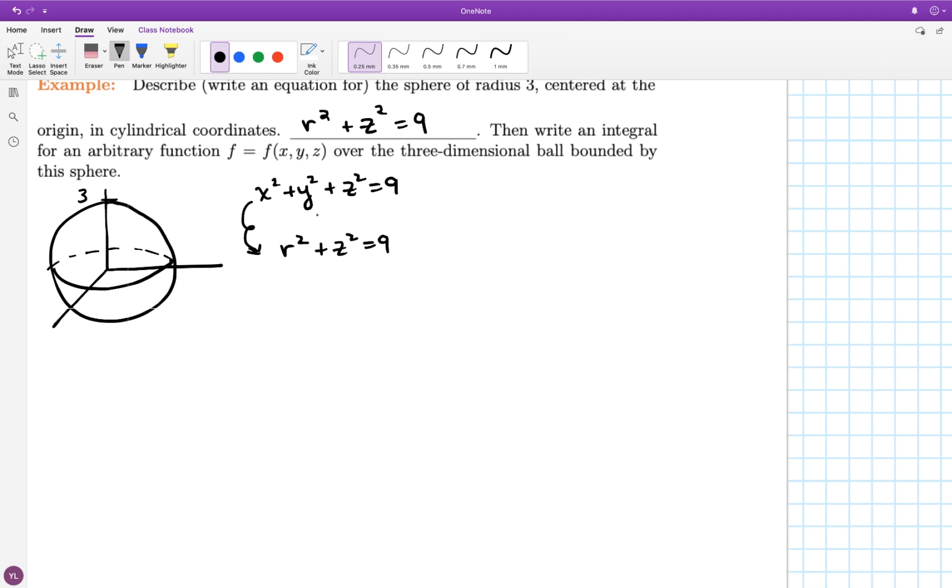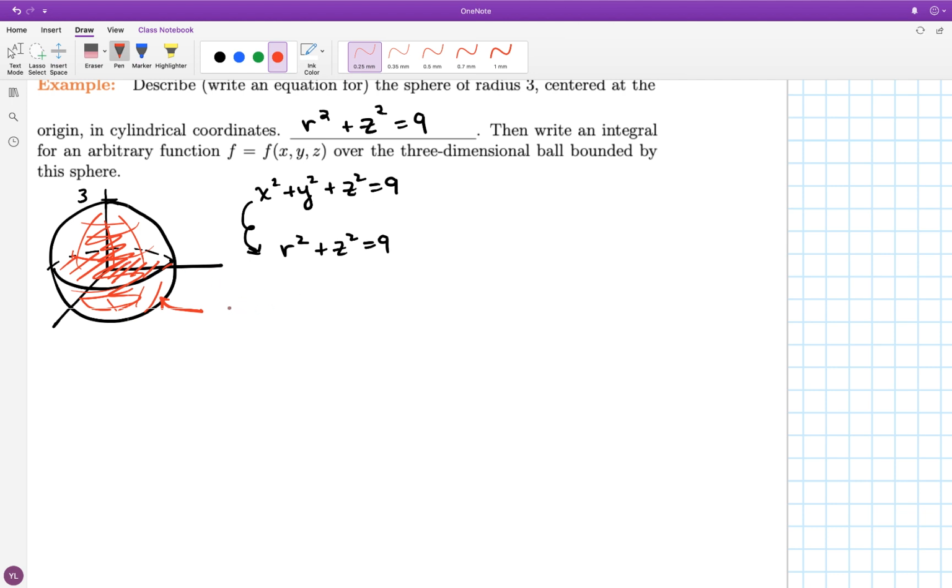Okay, so now that we have the sphere itself expressed in cylindrical coordinates, let's go ahead and try and express the solid ball with inequalities involving the cylindrical coordinates. So this is a filled-in sphere like that. Well, I can see that in the xy plane, this sphere lives sort of above the circular region, x squared plus y squared equals 9.